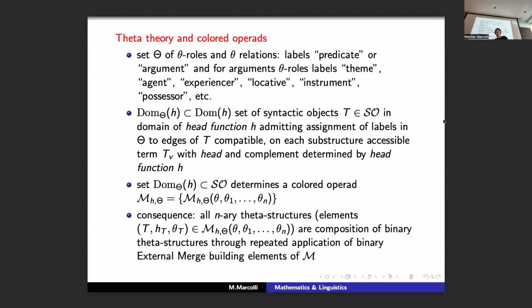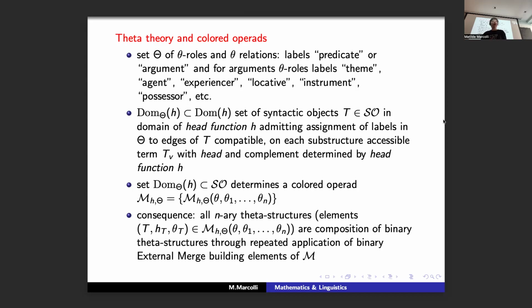So you now have a set that describes the theta roles. Both predicates and arguments have their theta roles. There could be various things: agent, locative, instrument, possessor. The standard labelings for theta roles are used. And you have a syntactic object that has to have a head function, which is already a filter that we've used.